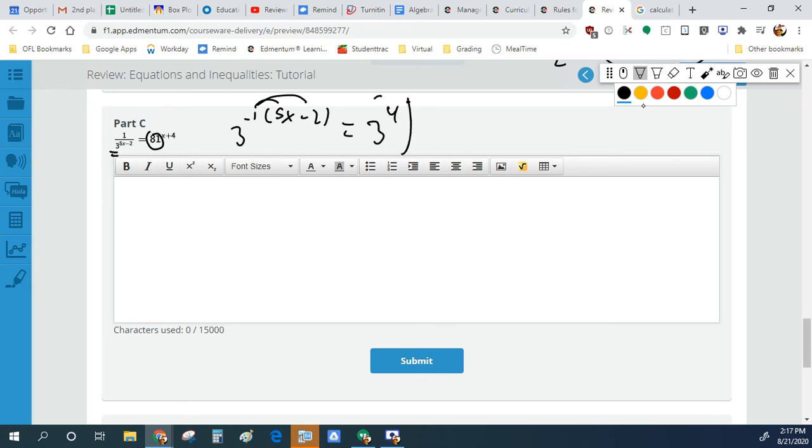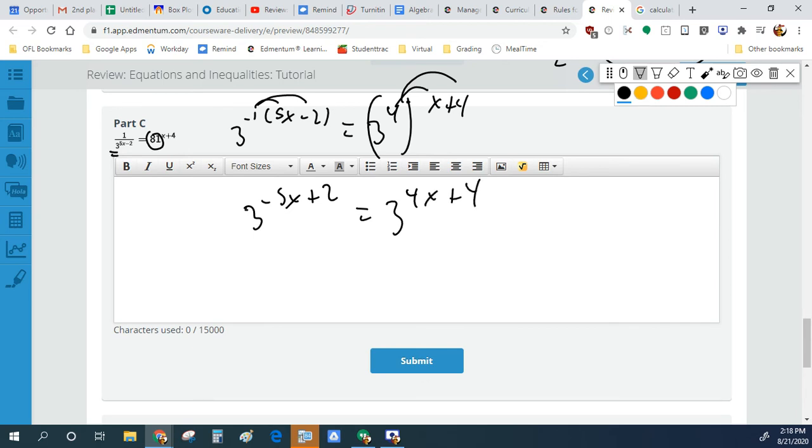And then in my parentheses, I have this x plus 4. So I'm going to have to distribute this 4. What happens here is I get 3 to the negative 5x plus 2, because I'm distributing that, is equal to 3 to the 4x plus 4.